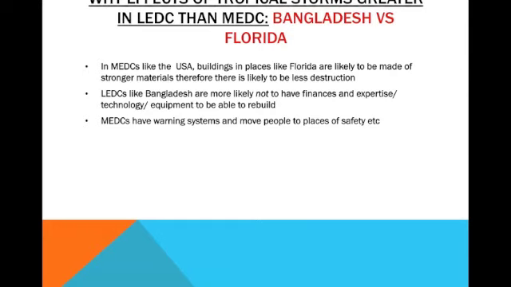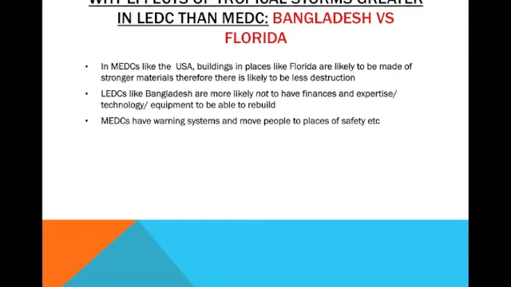In more economically developed countries, like the USA, buildings in places like Florida are more likely to be made of stronger materials, so there's less likely to be destruction. And in less economically developed countries like Bangladesh, they are more likely to not have the finances and the expertise or technology or even just equipment to be able to rebuild properly.